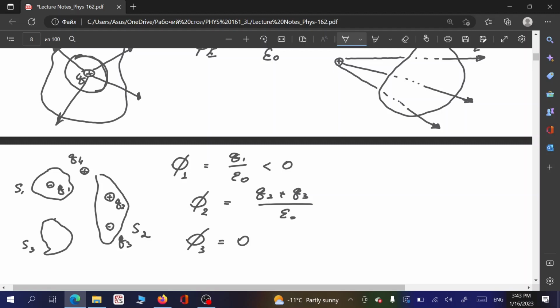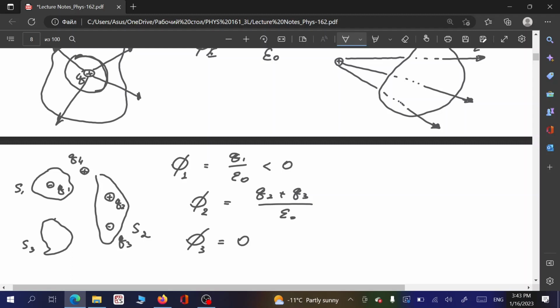If the electric field is not uniform, in that case we need to take into account that its magnitude and orientation change as we go from one point of the surface to another.